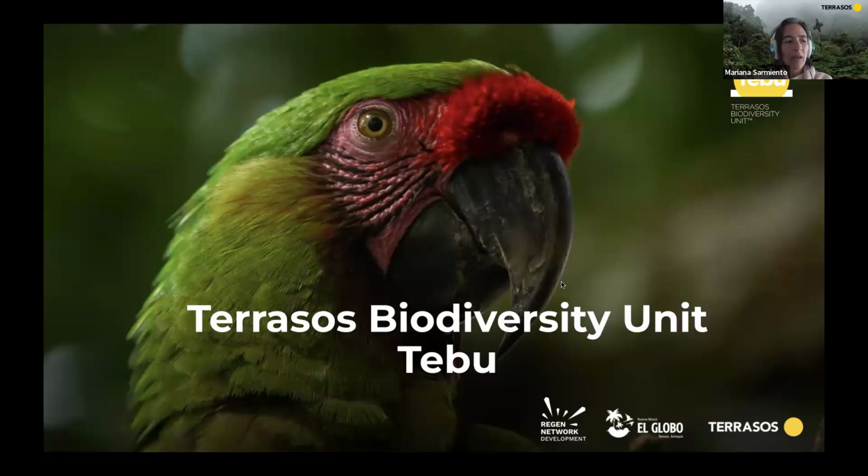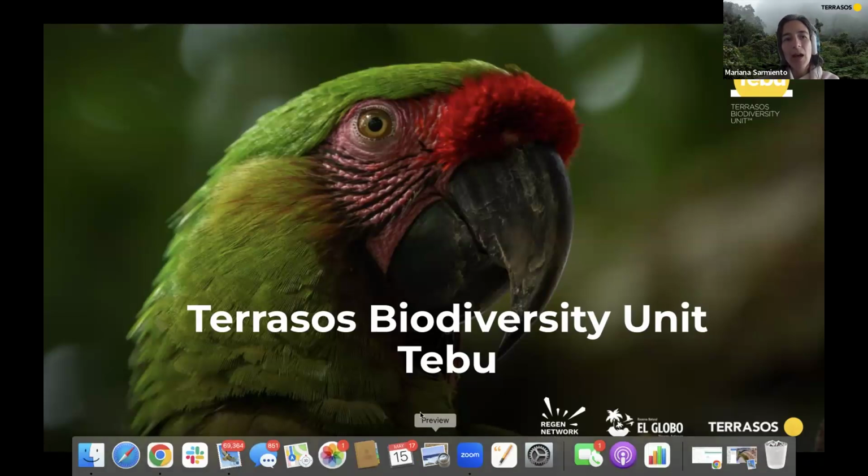So today we're extremely excited to be here. We do believe that we're all in the process of shaping a biodiversity market. And I think the challenge that we have is to create a market that is transparent, that is inclusive, but also that delivers high impact and long-term results. So with that, many of you know, Terrasos has developed a protocol for issuing biodiversity credits.